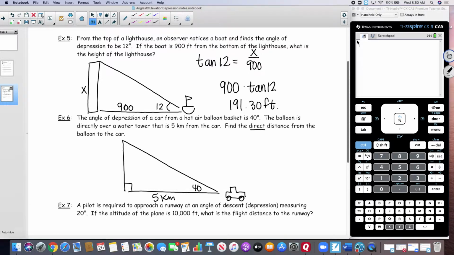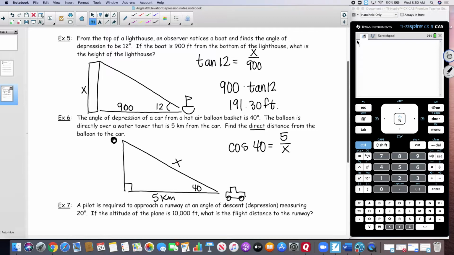So the direct distance means if I measured it diagonally, here's the hot air balloon over here, what is that direct distance? In this case, we're going to be doing adjacent over hypotenuse. This is going to be cosine 40 equals adjacent over hypotenuse.